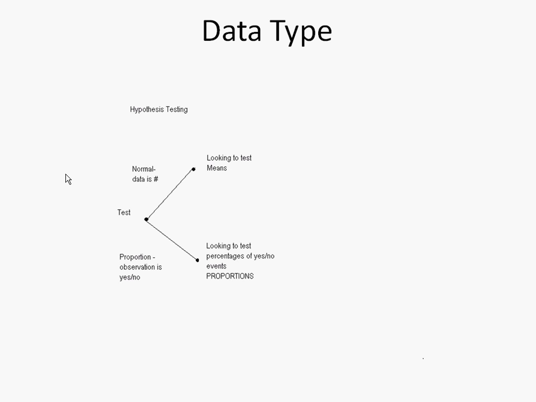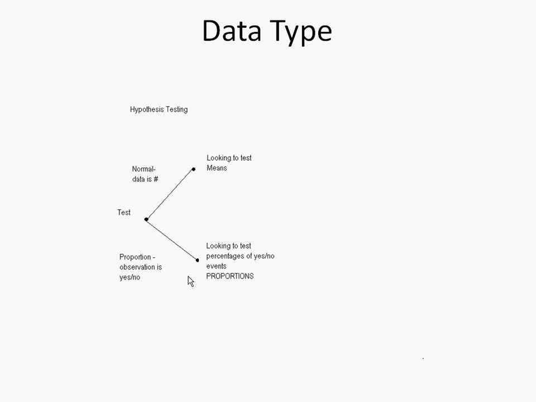If, on the other hand, your data is a yes-no, like are you female, yes or no, then you have what's called a proportion or proportion test. In that particular case, what you're looking to test is the percentages of yeses or nos in your data. Now, you have to be careful here because you pick one question, like, did you vote Democrat in the last election?